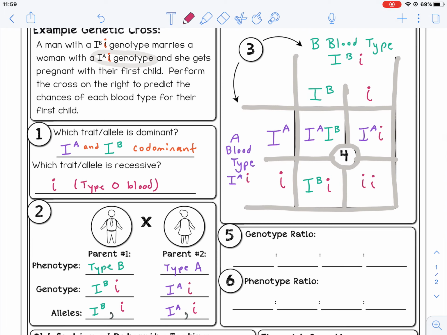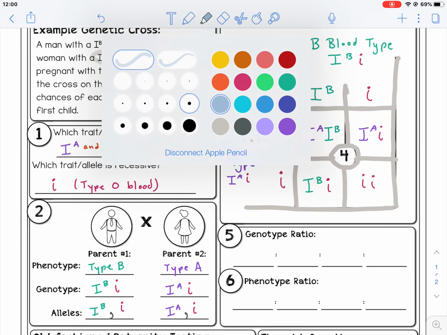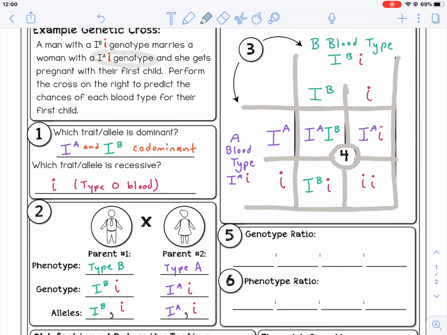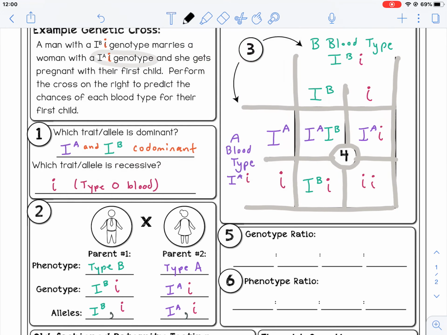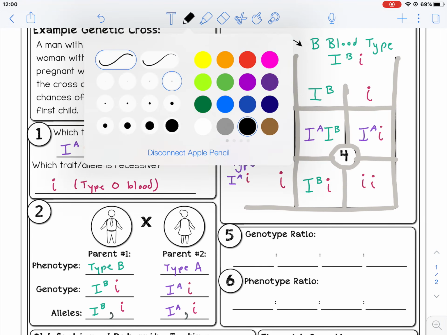Okay, so now let's fill out our genotypic and our phenotypic ratios. So remember, our genotypic are the underlying genes, and our phenotypic are what that translates to, what that codes for. So let's see. I'm just going to go ahead and use one color here.